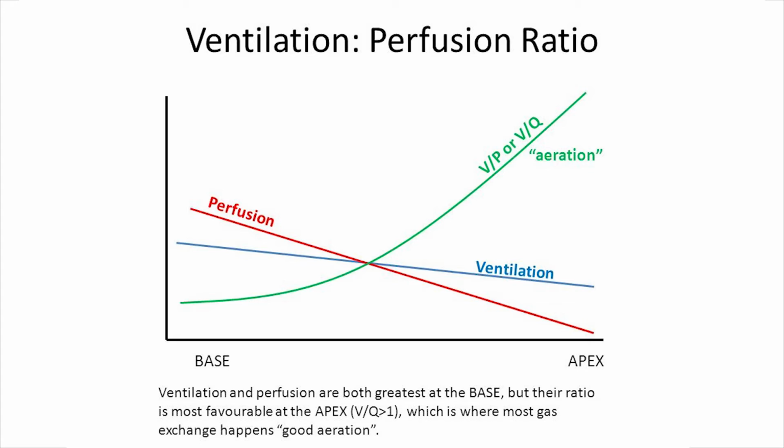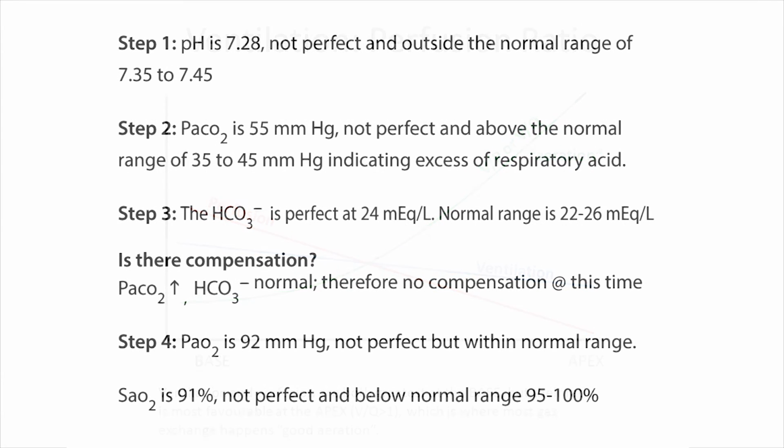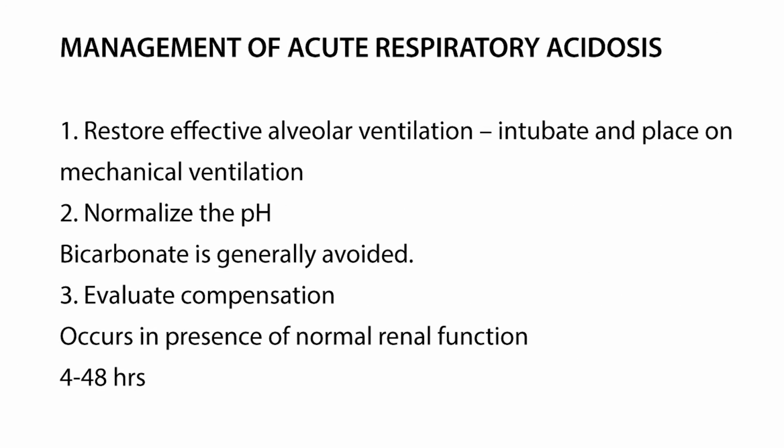Changes in heart rate, blood pressure, respiratory rate, urine output, SpO2, ScVO2, and serum creatinine are all indicators of poor tissue oxygenation. If PaCO2 is greater than 50 to 60 millimeters of mercury, there may be a need to intubate and place the patient on mechanical ventilation.